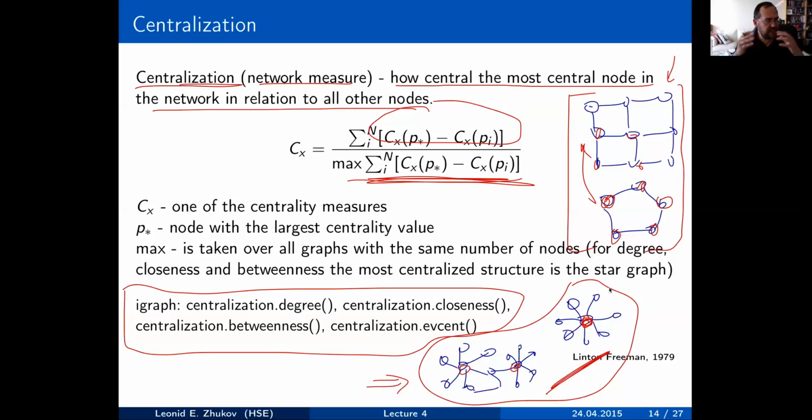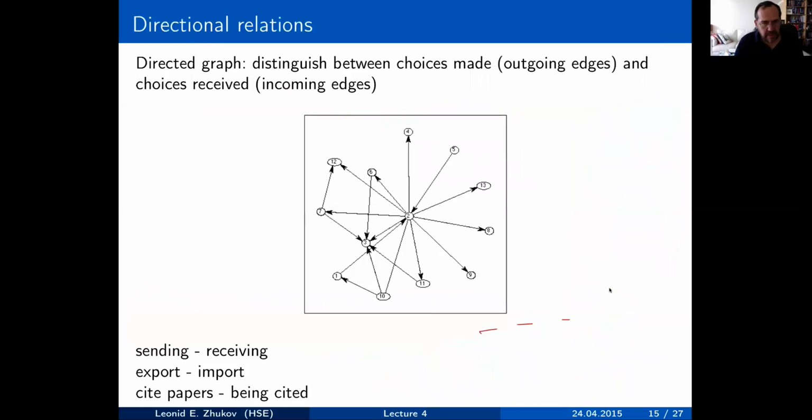Centralization is an entire graph metric. If you have n nodes, you'll have n centralities, but one centralization measure because it's a graph measure. All right. Any questions there? Okay, moving on.